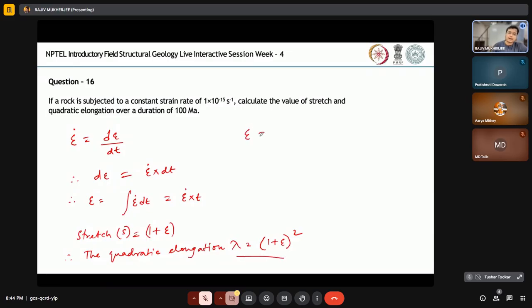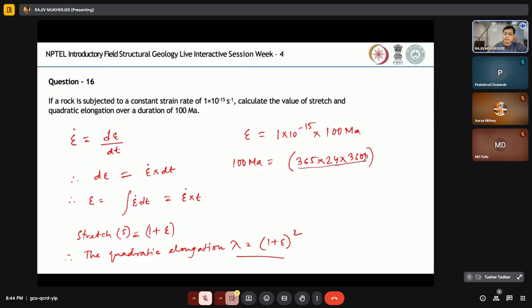That is how we should calculate the value of lambda. Now we need to calculate what epsilon is in this case. It is 1 into 10 to the power minus 15, the strain rate, times the duration, 100 million years. If we express 100 million years in seconds, 1 year represents 365 times 24 times 3600 seconds.